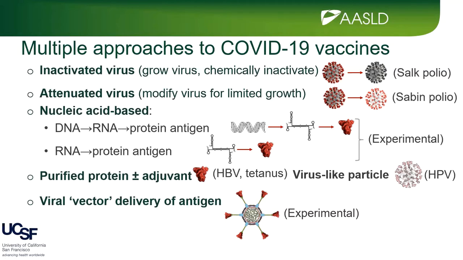And again, like the DNA and RNA approaches, the antigen is produced by the host cell and generates an immune response. These are also experimental, although there are quite a number of these that have been fairly well advanced in clinical trials and preclinical trials. Next slide.